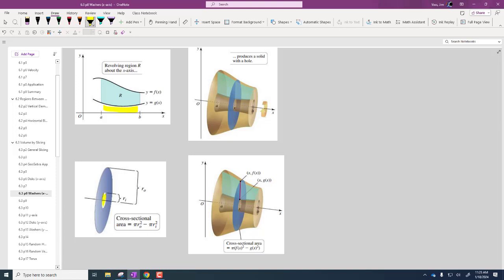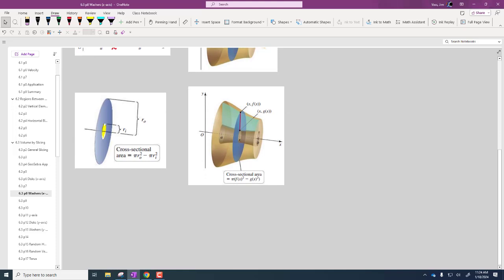So if we take a single vertical element right there at a random x, when it rotates around, it's going to create a washer instead of a disk. Now, a washer is really easy to find the area of because it's really just an outer disk and an inner disk. Find the outer area, find the inner area, take the difference. And we get the area of the washer.